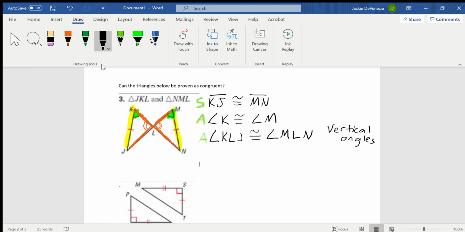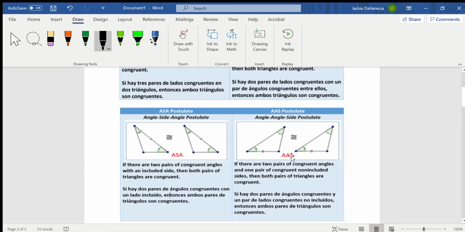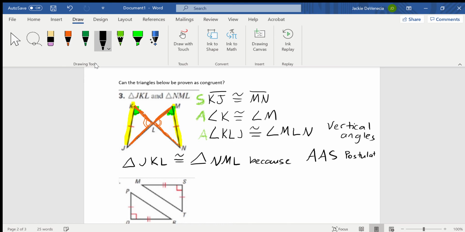Well, if you look back at those postulates, we can actually use angle, angle, side. So here we can just say triangle JKL is congruent with triangle NML because of the angle, angle, side postulate. And then we're done.